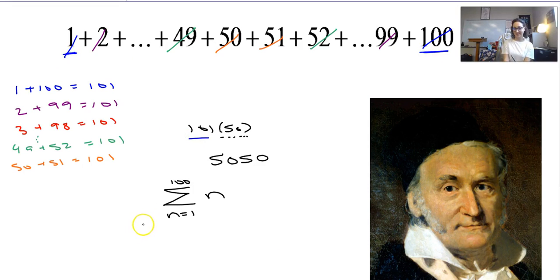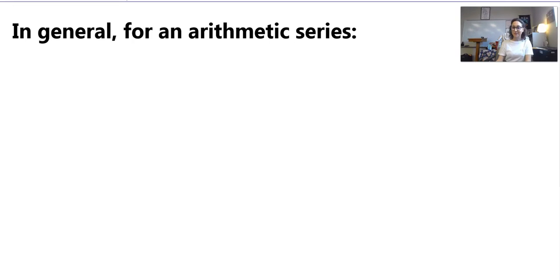It turns out this method that little gal discovered so young will work for us for any arithmetic series. So in general, if I want to find the sum, and we denote this as capital S sub n, the sum of the first n terms of an arithmetic series, I'm first going to find the number of partners, right, the number of pairs, which would be however many terms you had.